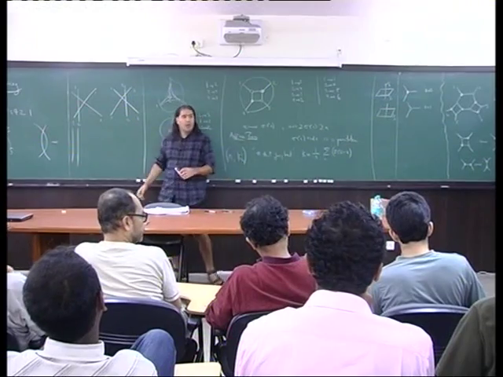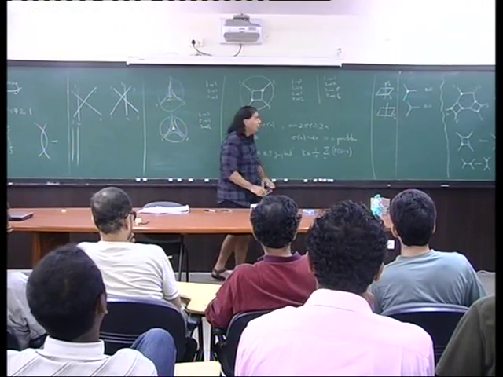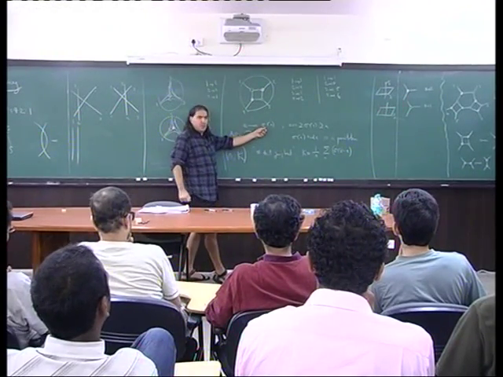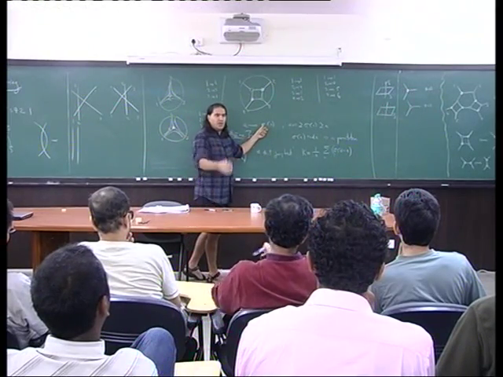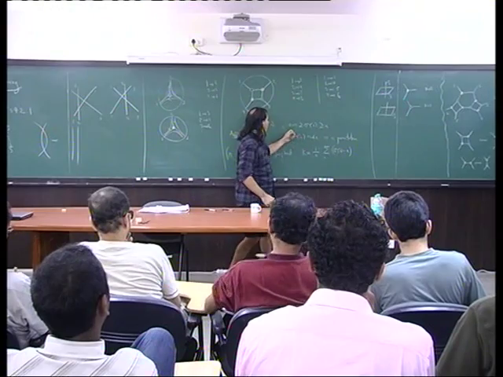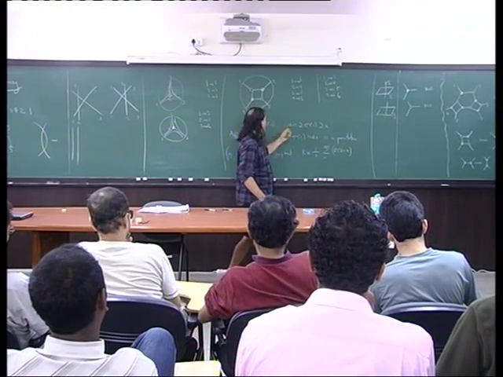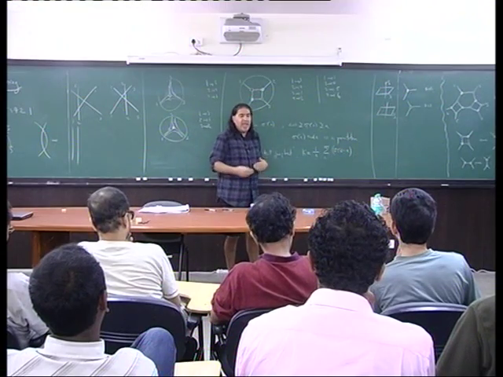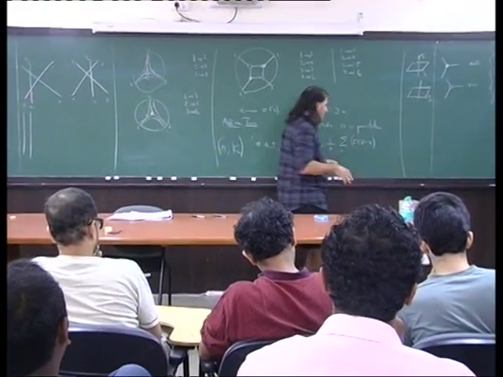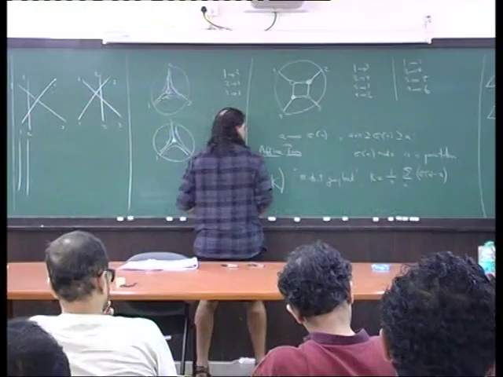Yes? No, it's the other way around. So this is the really fundamental object, sigma. You give me any mapping that satisfies this, and that's an n affine permutation.